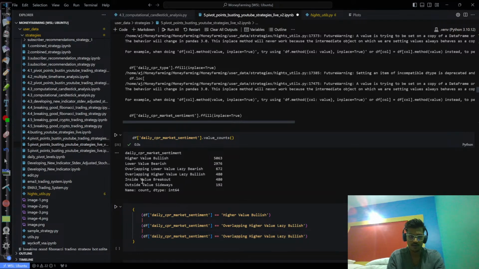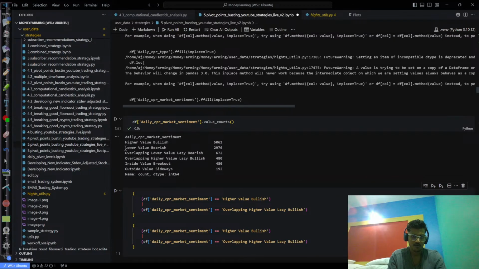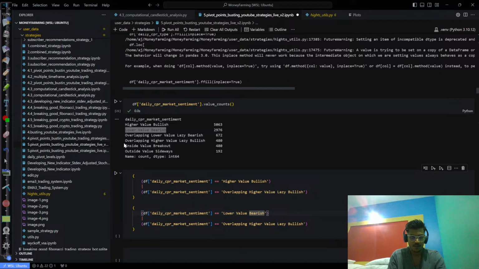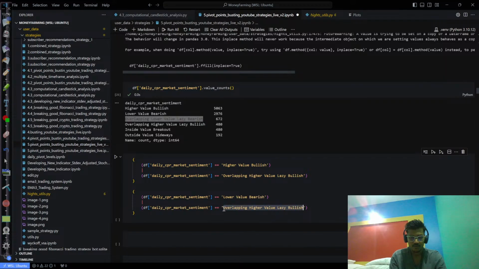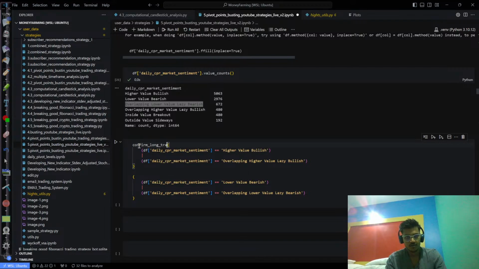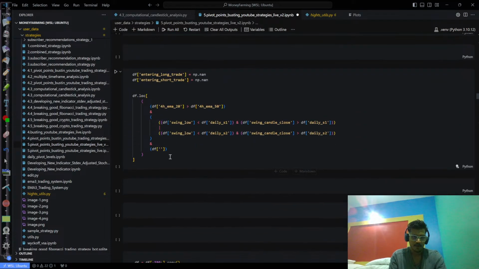Okay, so I got those two, and then I have to reverse that for the short position: lower value bearish, and overlapping lower value bearish. All right, so this is my confirm long trade on daily CPR, and here it's going to be confirm short trade on daily CPR sentiment basically. Okay, so we got that. Let's run it here.